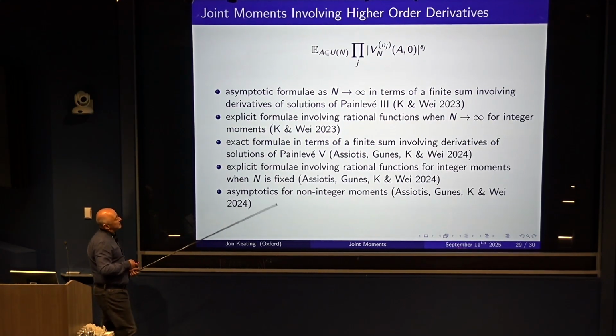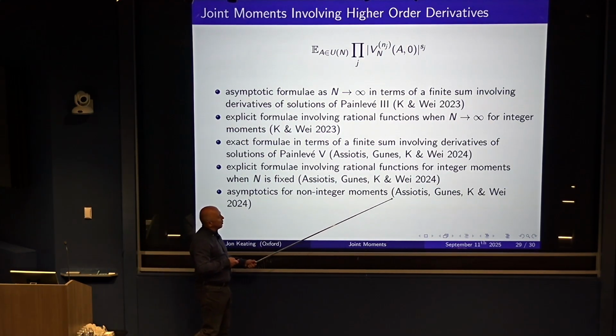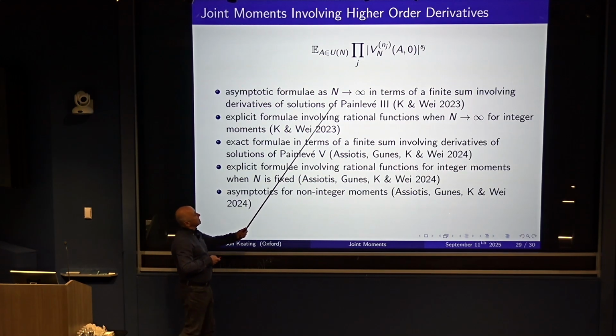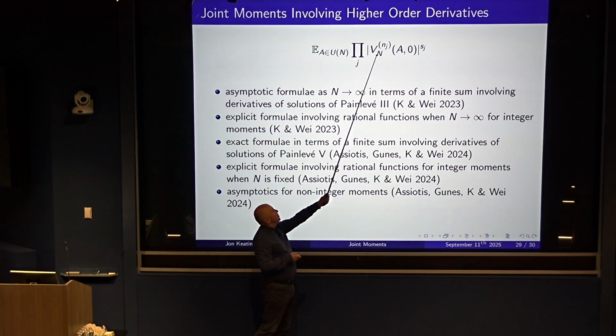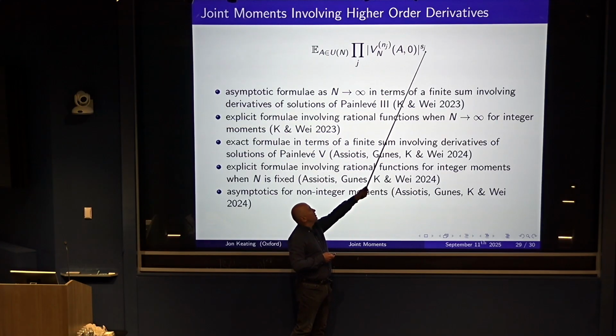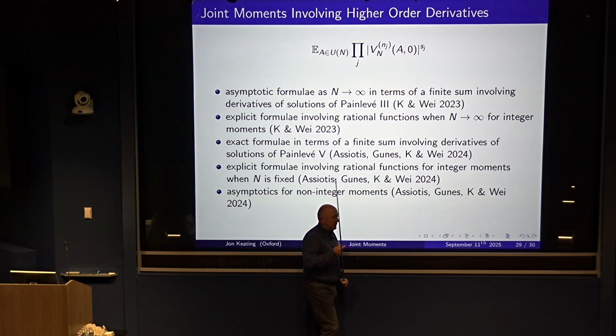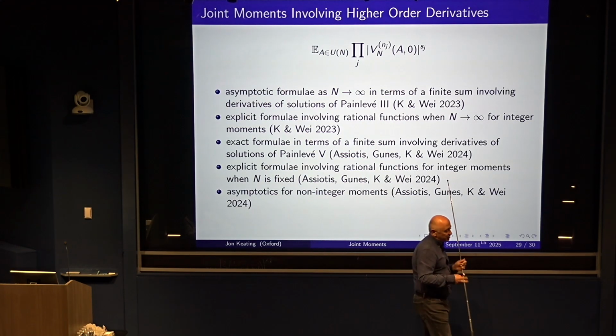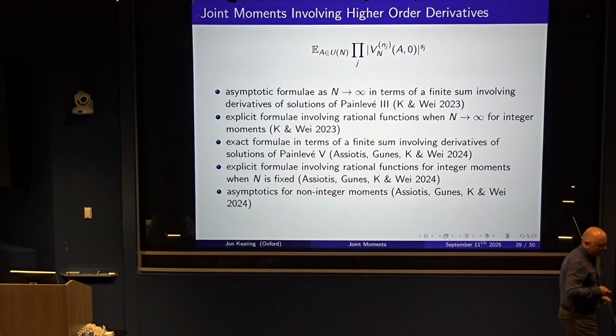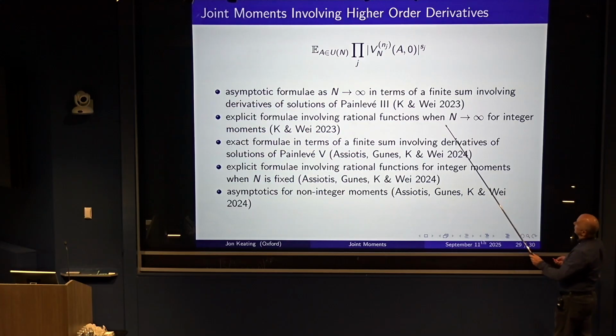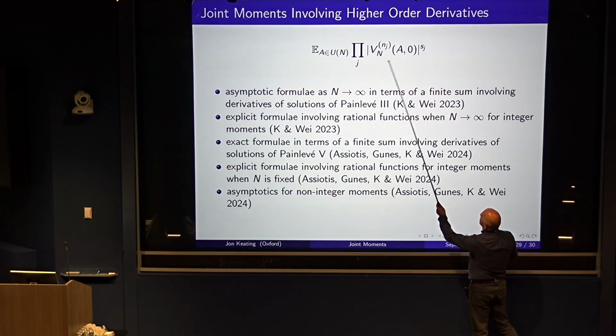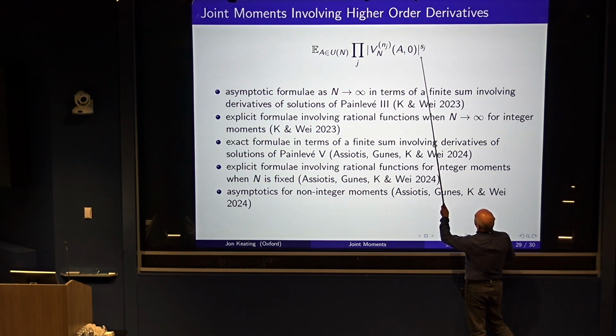And just as I did with Theo Assiotis and Jon Warren, you can ask, what if these joint moments have non-integer exponents, non-integer powers? Again, there's a connection to a generalization of the Hoare-Pickrell measure, which allows you to prove, in a very general form, asymptotics of this kind of expression for the non-integer powers.